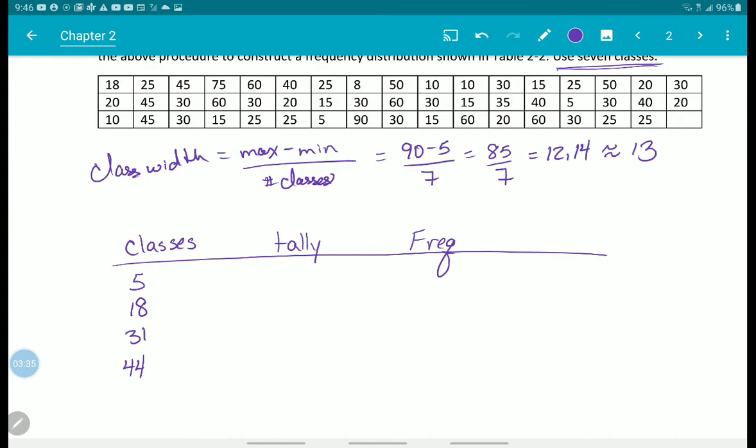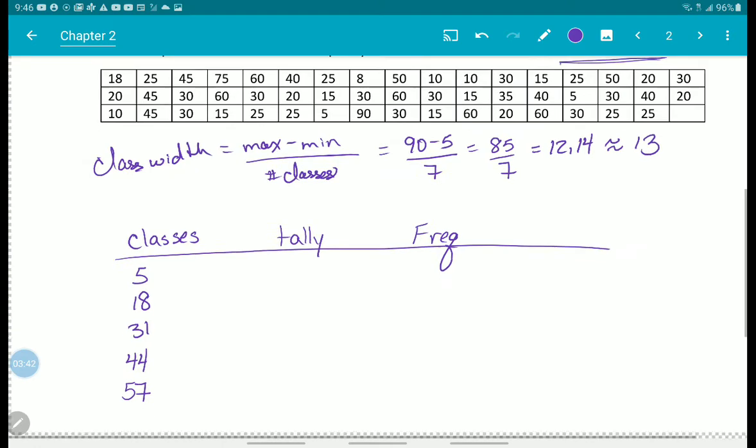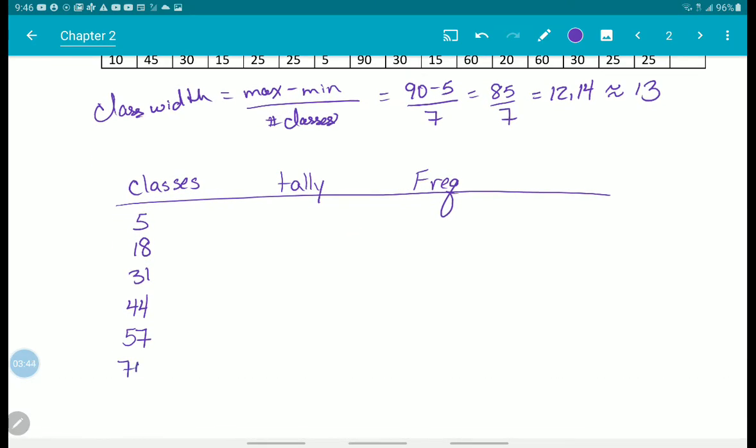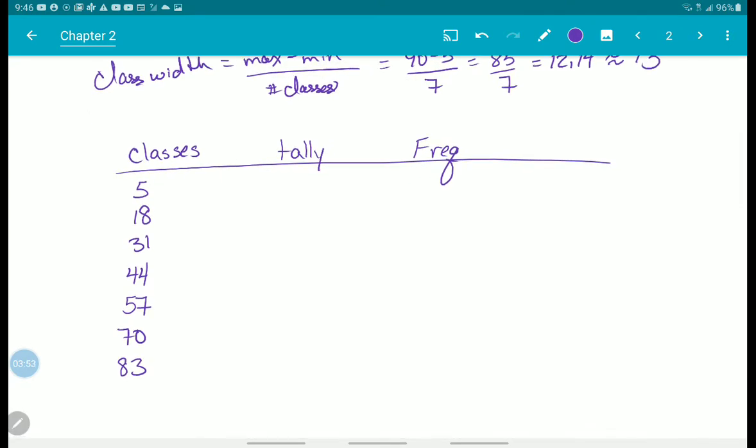Add 13 again to get 57. Add 13 again to get 70. 13 again gives me 83. And if I did 13 again, I would get 96. But I don't need to go up that high, because remember, my biggest number is 90. That's going to put me beyond my data. Okay, I'm going to leave it there just temporarily.